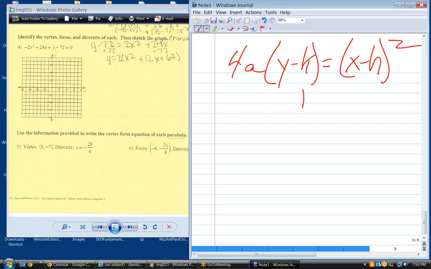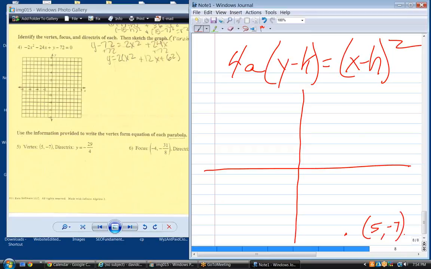Let's see if we can figure out what A is by graphing this thing. Here's the vertex, (5, -7). Where's the directrix relative to that point? Well, maybe positive, or yeah, positive 7. Well, what does it say for the directrix?